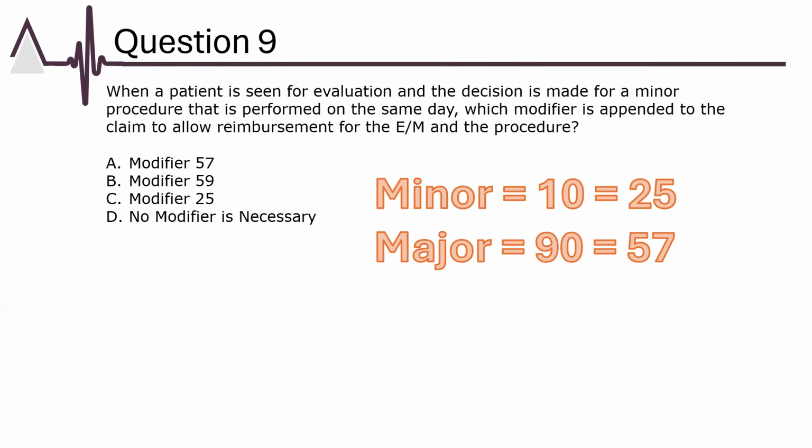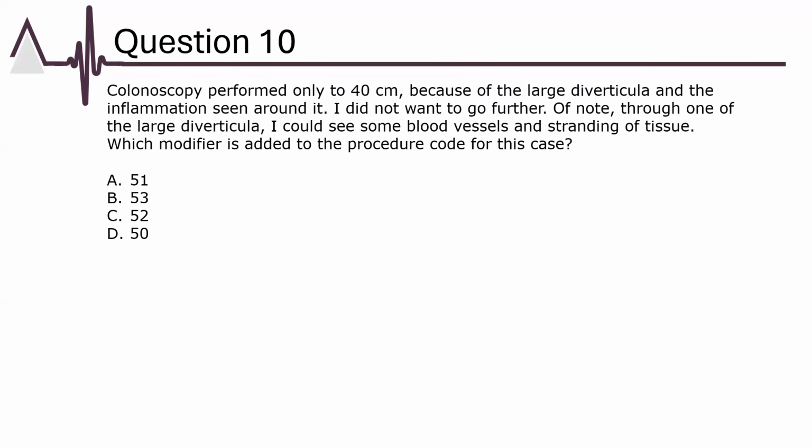When an E&M service on the same or previous day leads to the decision for a major procedure, a modifier 57 is added to the E&M code to indicate that the service directly led to the decision for surgery. So, knowing that this is a minor procedure, we would pick modifier 25.